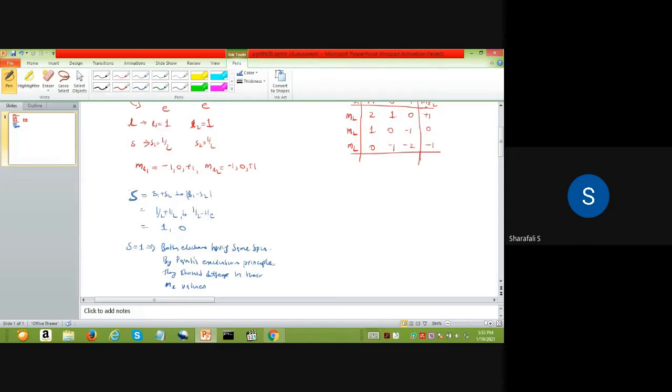So if they have the same L value, same spin, and same N, then they should differ in their ML values. The ML values should be different for the case when S is equal to 1.